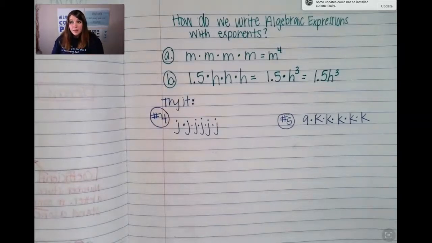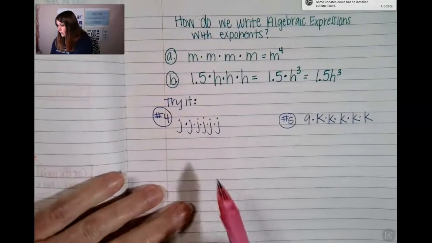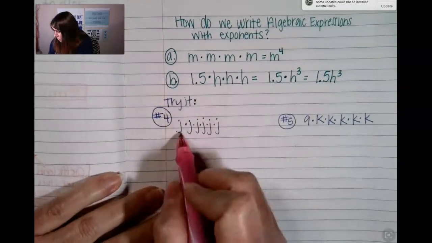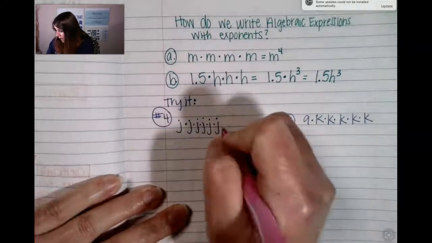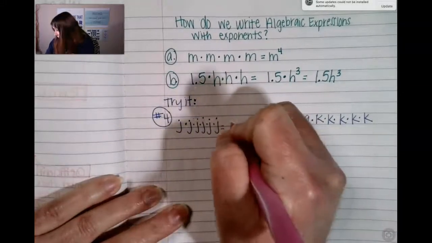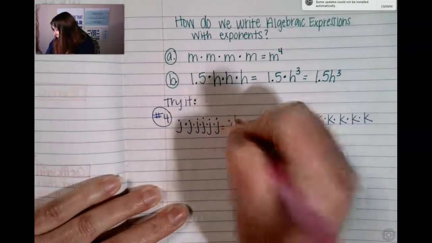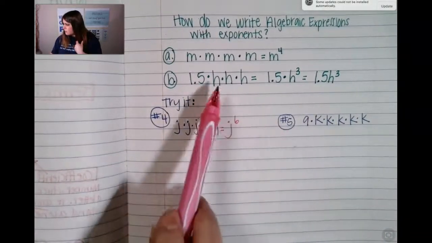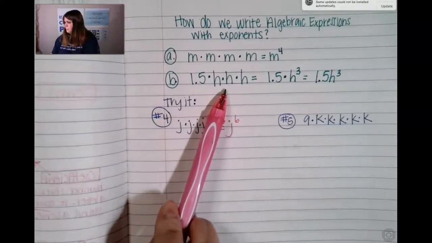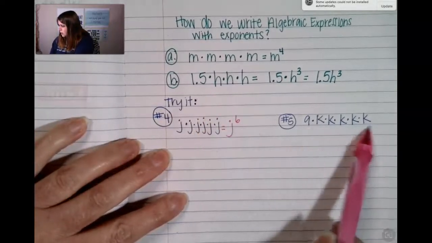And I'm going to go ahead and solve these for you. All right, ready? Here we go. 1, 2, 3, 4, 5, 6. So I know that this simply means J to the power of 6. All right, number 5 looks a lot like the earlier one, except there's all these K's.